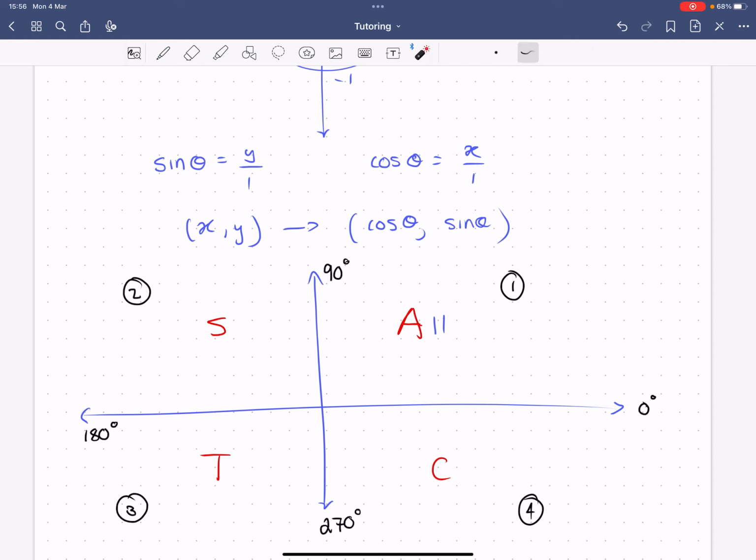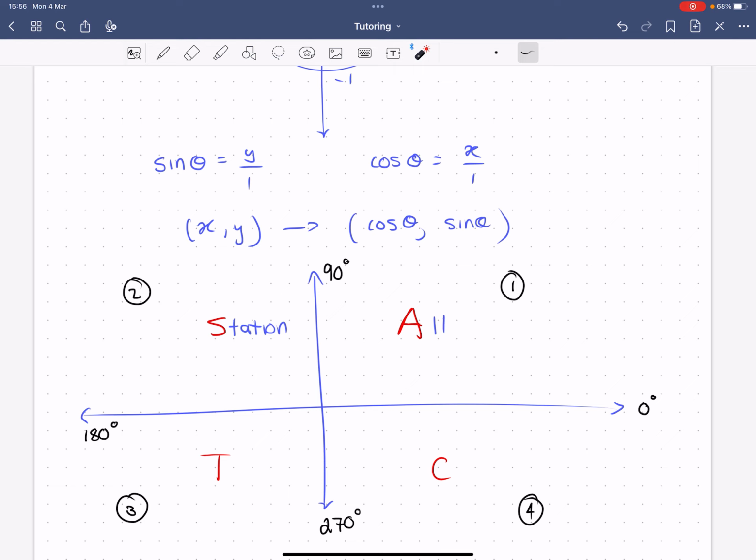Now in the second quadrant, we're going in the negative x direction, but in the positive y direction. So we've got negative x's, but positive y's. And that's what Stations stands for. It's telling us that only my y's are positive, so only my sine is positive, since we've defined y to be sine of theta.